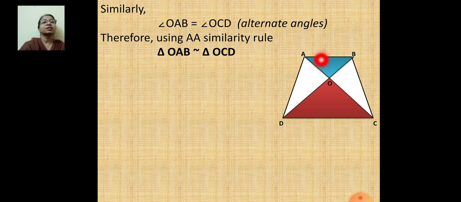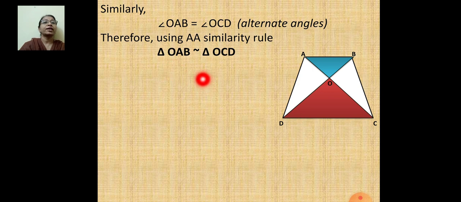Now for this AC, what are the alternate angles? Angle OAB is equal to angle OCD. So these two alternate angles are equal. Therefore these two vertically opposite triangles are similar by the AA criteria, the angle criteria.